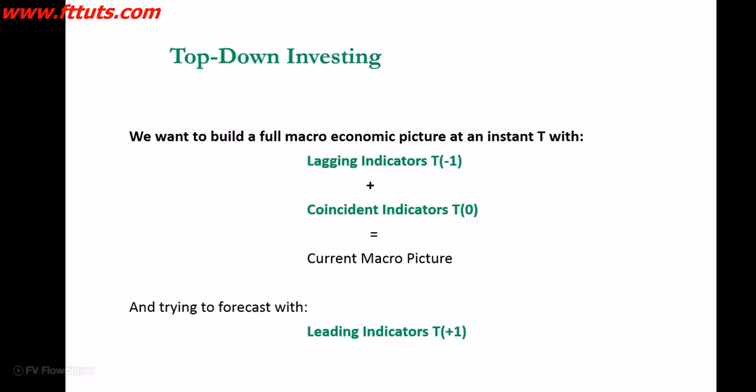That gives you the current macro picture. And as an investor, you are trying to forecast what's going to happen in the next 3, 6, 12 months. To do that, you'll be using what we call the leading indicators. And we will see later in different videos the lagging indicators, coincident indicators, and leading indicators.